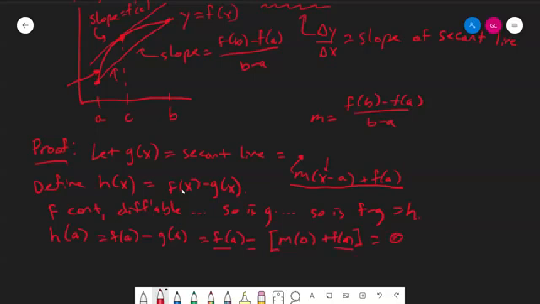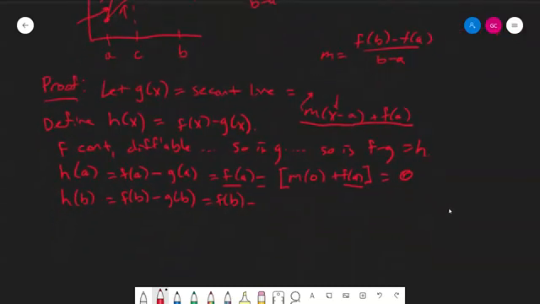What about h of b? So that's f of b minus g of b. So what's g of b? Well, g of b looks like this. It's m times b minus a plus f of a. And now here's where we're going to want to use what m actually is. Remember, m is f of b minus f of a all over b minus a.